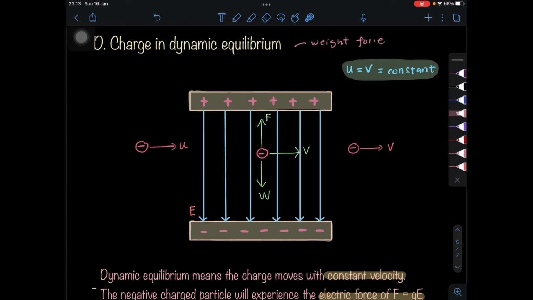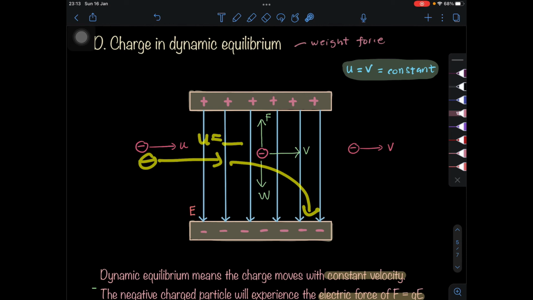Dynamic equilibrium here means that the charge will move with constant velocity. This will be the keyword, constant velocity. When the charge enters the region with a certain velocity, since we want it to be in constant velocity without any deflection, it will not deflect in a parabolic path.